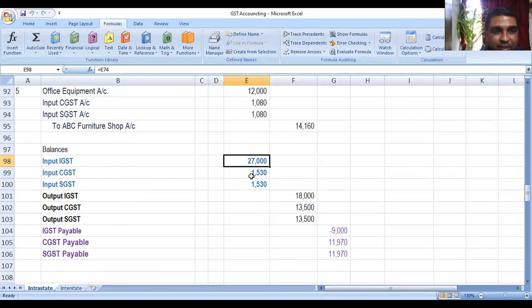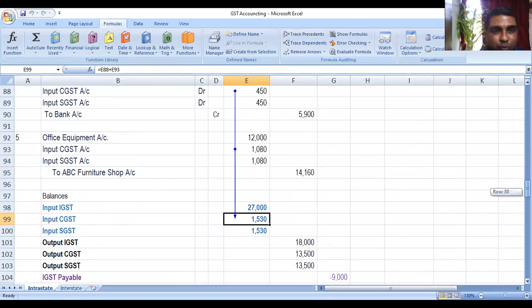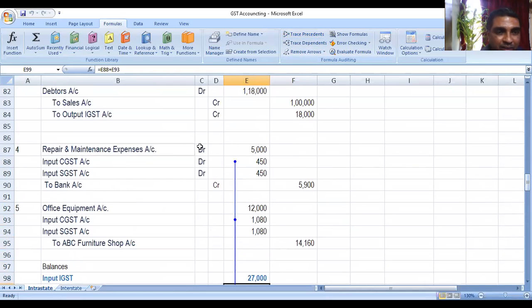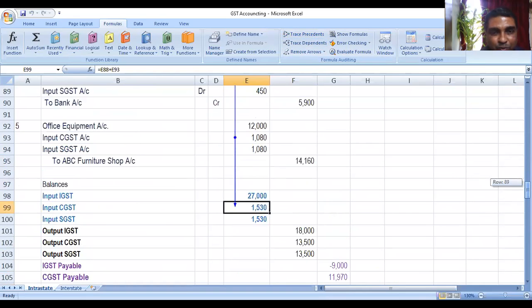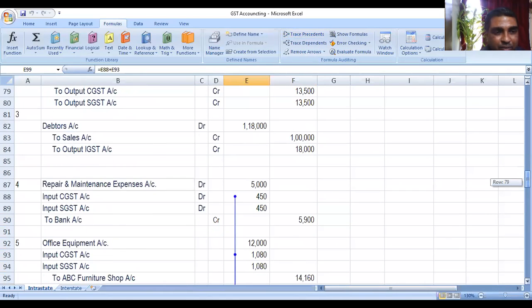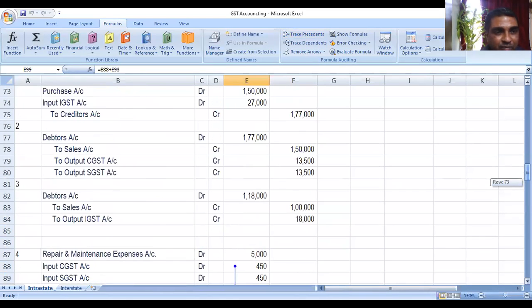And what is the input CGST? This also, you see, input CGST has come from two places. 1,080 has come from office equipment and 450 has come from repair and maintenance. Or is there any other place where input CGST is there?